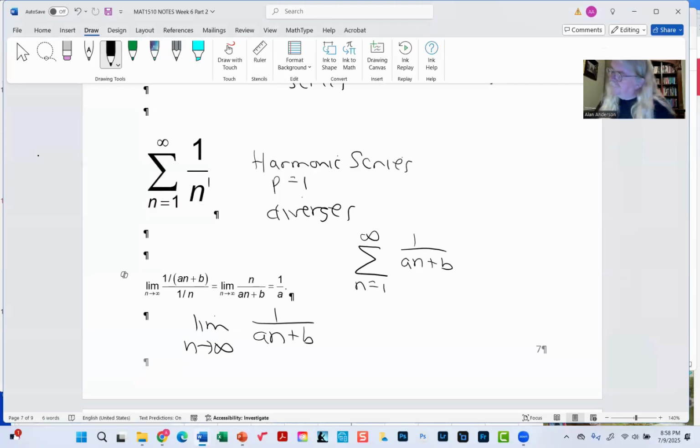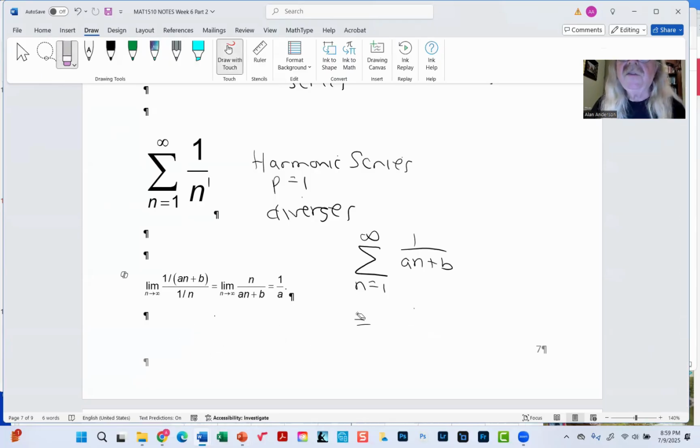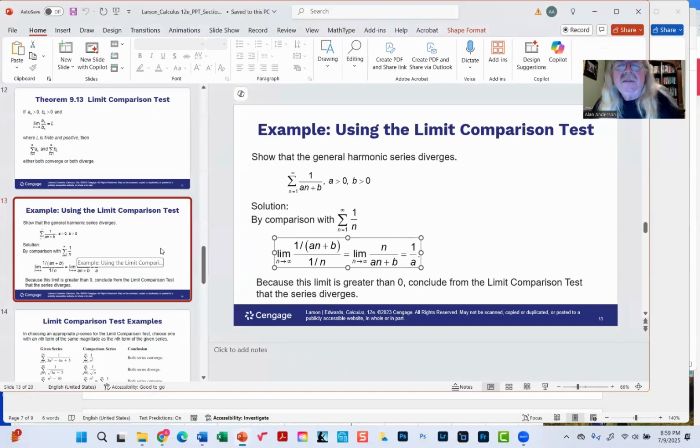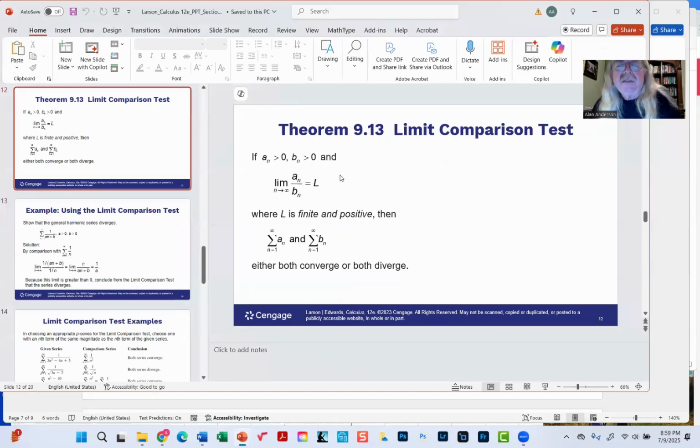I know what they're doing. They're taking the two that they're trying to compare. They're not trying to take the limit and divide out the largest term. What they're doing here is treating 1 over an plus b as this an in this expression.